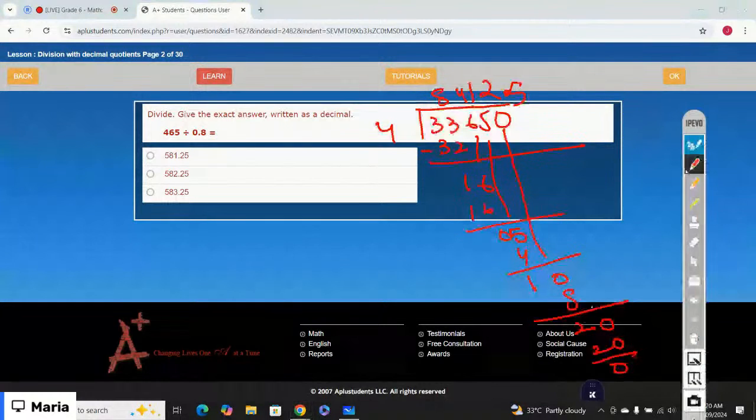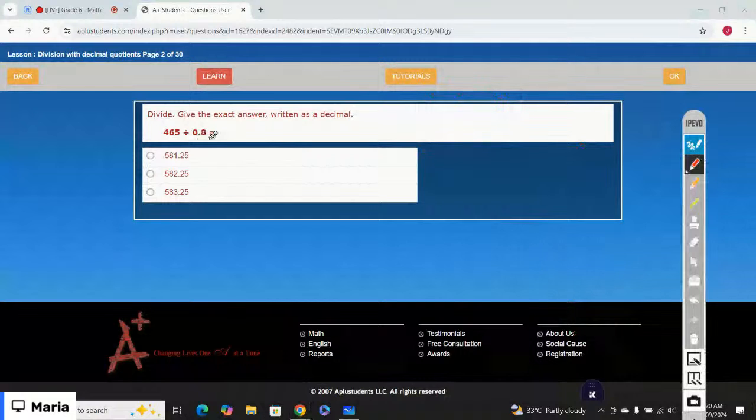So you have to move the decimal point one place, right? Because you have only one decimal place in the divisor. So for both, you have to move the decimal point one place, right? So that is 4,650 divided by 8. So let's just divide.